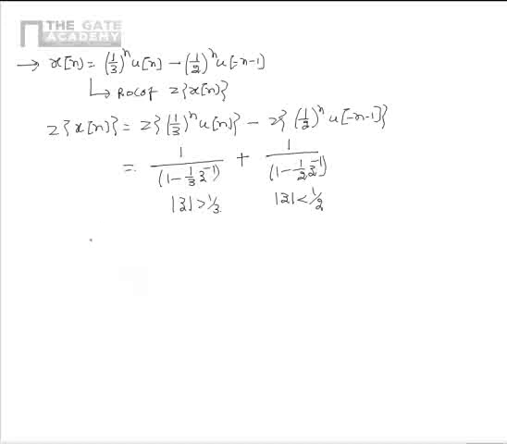From this, we can say that the Z transform of x of n will have an ROC of the intersection of mod Z greater than 1 by 3 and mod Z less than 1 by 2. From this, we see that the ROC of Z transform of x of n is 1 by 3 less than mod Z less than 1 by 2.